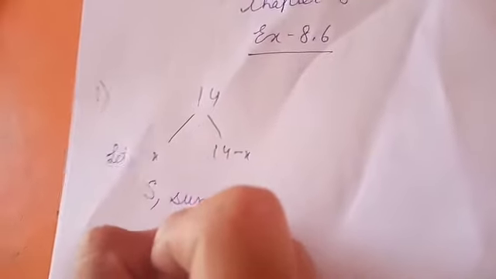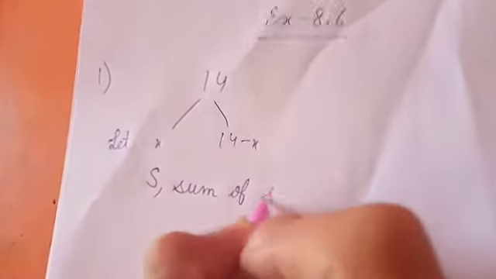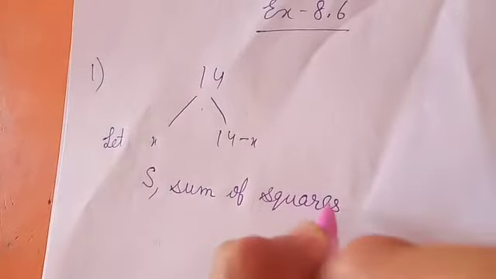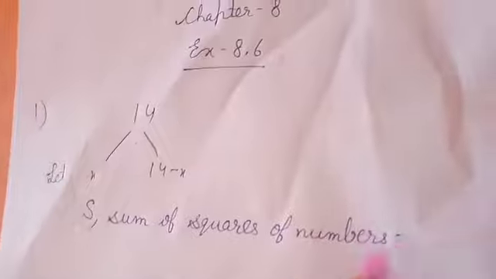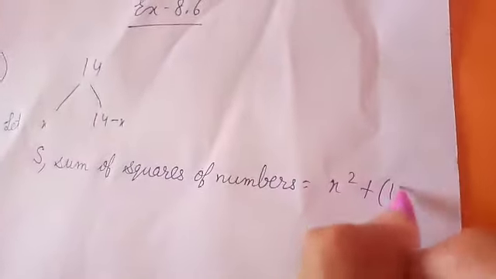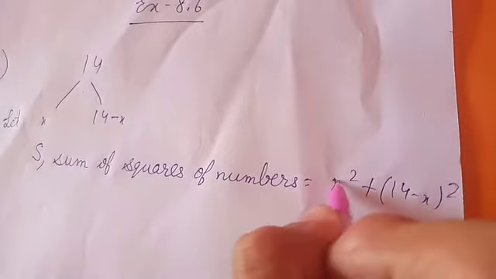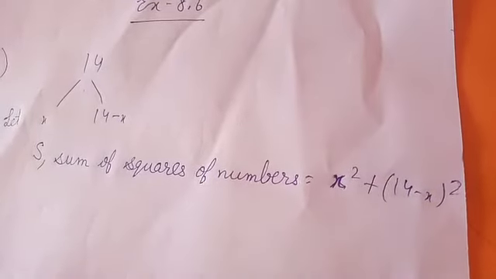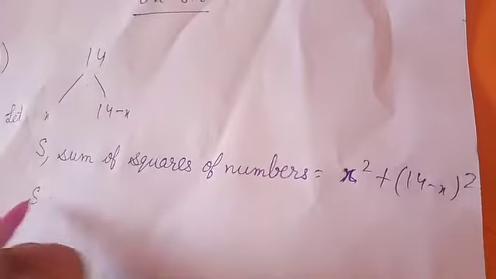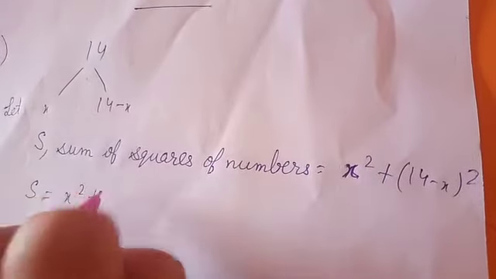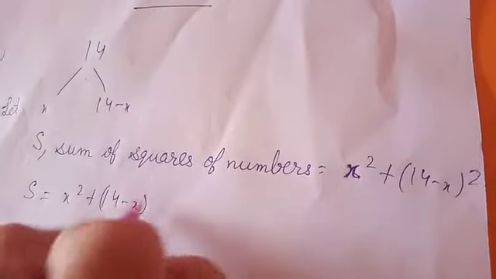S is the sum of squares of the numbers, that will be x square plus (14 minus x) whole square.